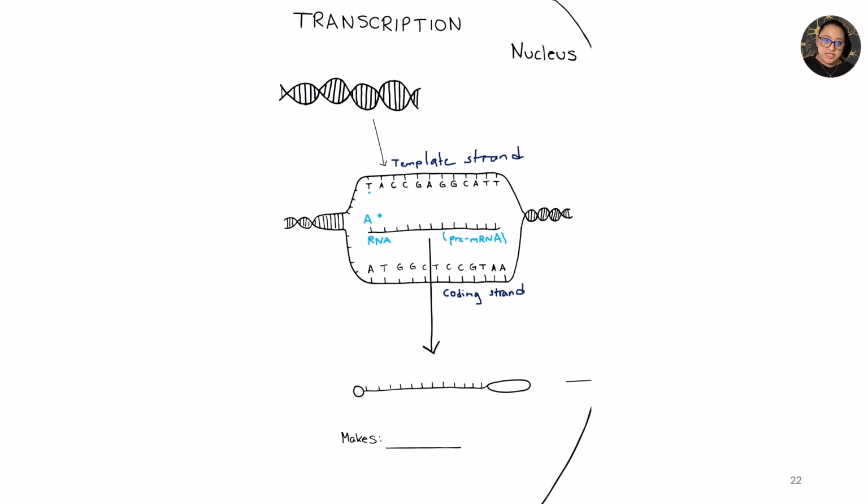So this is going to be a U. But otherwise, it's the same. If there's a C, you're going to put a G. If there's a G, you're going to put a C. If there's a T, you'll put an A. But if there's an A, you will put a U. So remember, that's a big difference. So in DNA, you might want to say it like that. DNA.